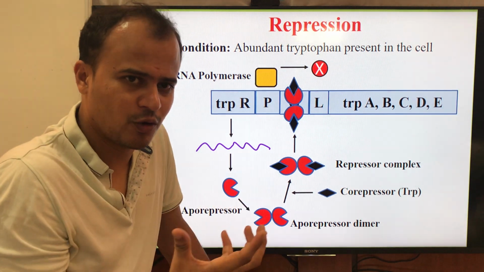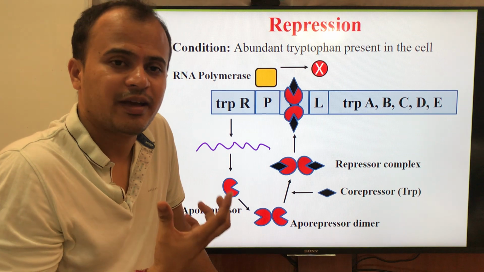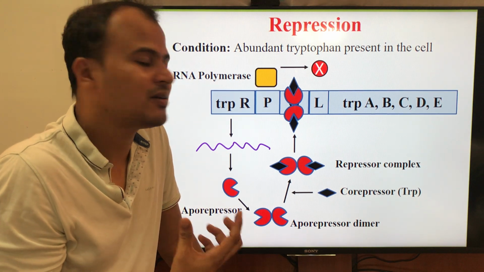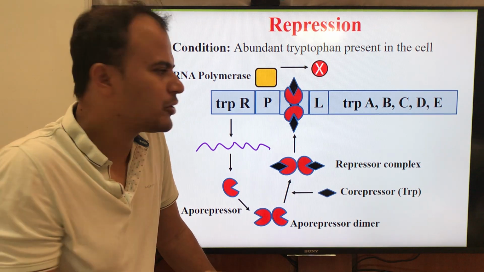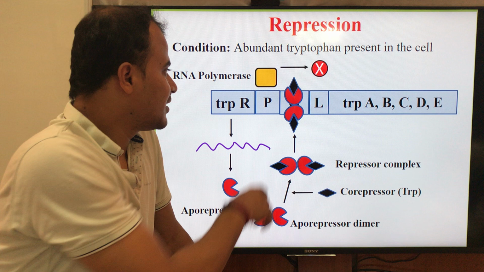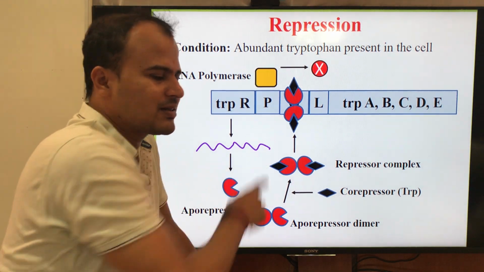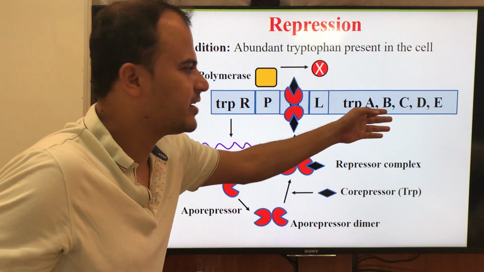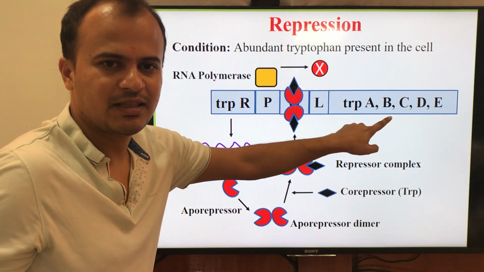As you all know, as I explained in my very first video, in prokaryotic transcription, RNA polymerase recognizes the promoter to initiate the transcription of TRPABCDE genes. Now the promoter is recognized by the RNA polymerase. It has to move in this direction to transcribe TRPABCDE genes.